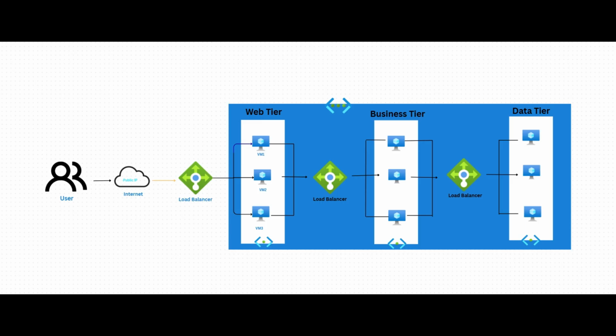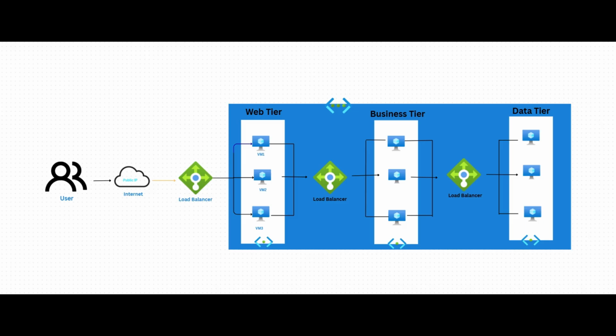For instance, as you can see on the screen, the web layer handles the incoming requests. A front-end load balancer manages traffic across multiple web servers. The business layer has its own internal load balancer that distributes the requests to the backend servers or APIs. And the data layer might also have a load balancer to manage queries across database replicas or services.